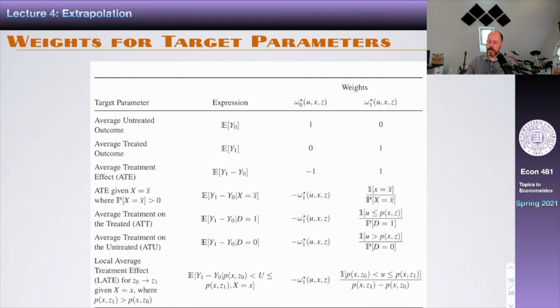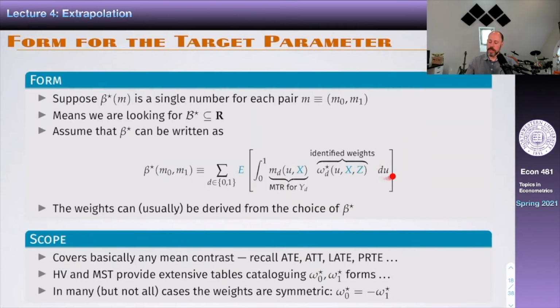You have the indicator that U is less than or equal to the propensity score, U greater than the propensity score, U in between these two values of the propensity score. And remember, the expression we're integrating over U. So we're integrating over those numbers, because we have this integral over here. But clearly, you know these weights. We know these functional forms. The only objects that we don't know are the marginal treatment responses.